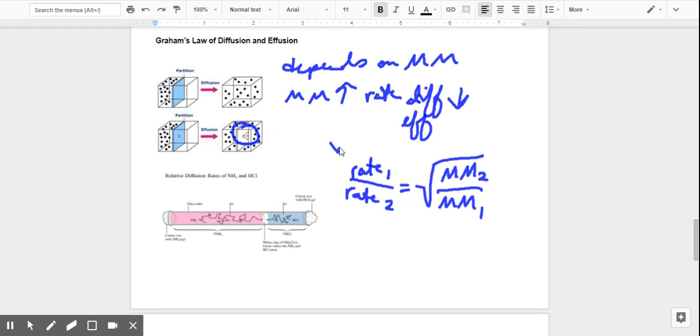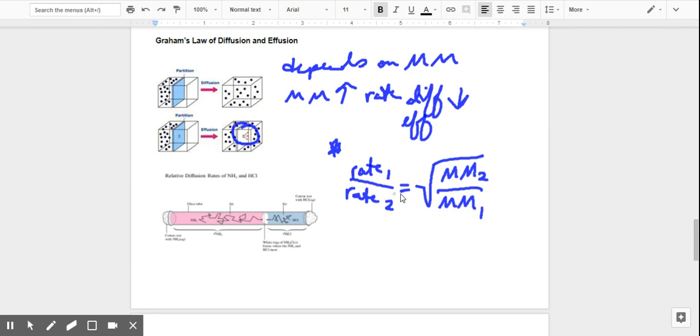You might see it on multiple choice, which I think is more of a conceptual component. But in free response, you might have to calculate the rate of one of them, or find an unknown molar mass of another one.